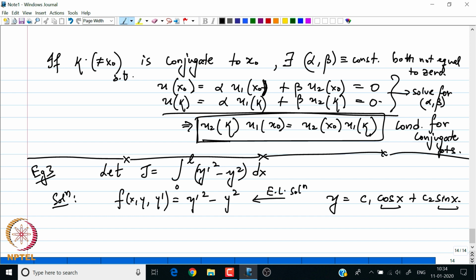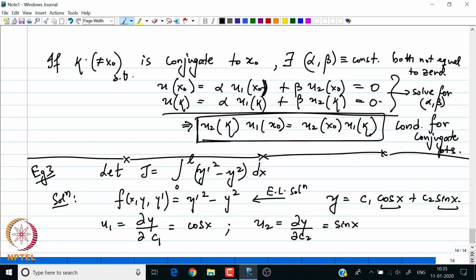Okay. So, what we have is the following. Let me denote these two functions: u1 equals del y del c1 equals cos of x, that is my first solution, and u2 equals del y del c2 equals sin of x is my second solution.